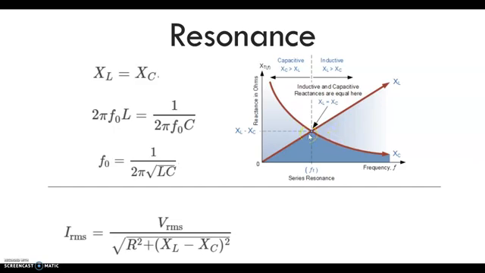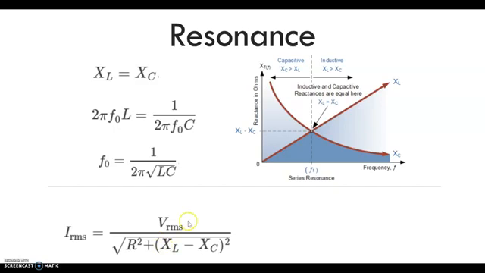But at this intermediate frequency, the reactances will equal each other and will cancel out. When this happens, we have reached a resonant frequency and we have resonance. At this time, the only opposition to the flow of current is from the resistor.